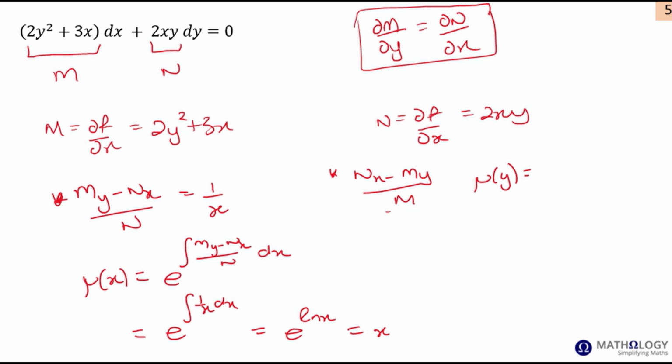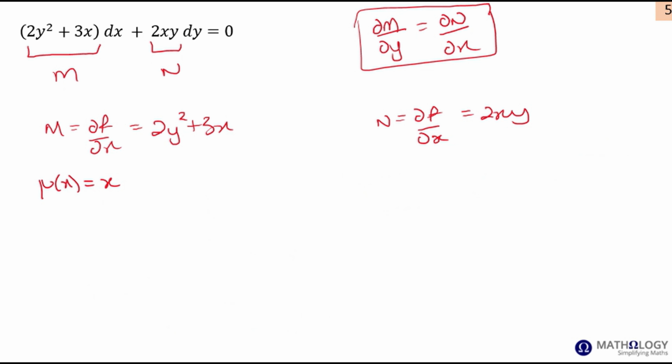So that'll be mu of y equals e to the integral of N sub x minus M sub y over M, with respect to y. However, we're going to stick with the first expression. The expression we got for N sub x minus M sub y over M wasn't easy to integrate. All we need to do is work with one or the other. We just need one integrating factor.